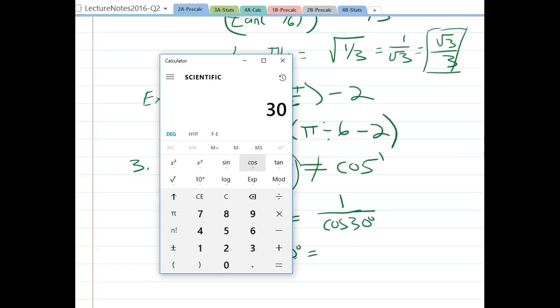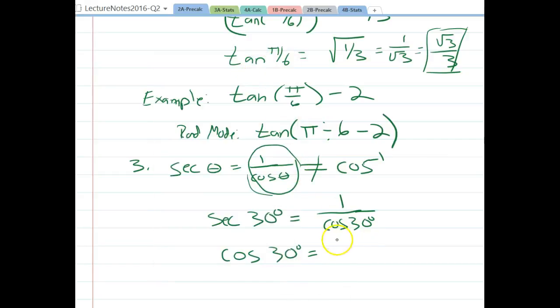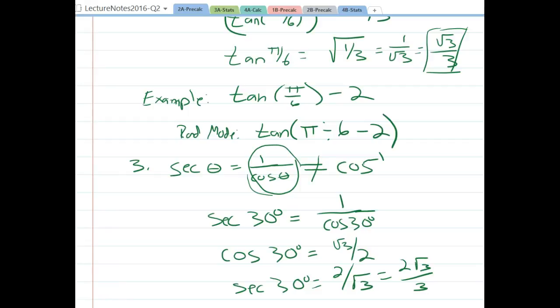So 30 cosine is 0.866. I squared that. It's 3/4. And the square root of that is radical 3 over 2. So what does that mean? That means if cosine 30 is that, then secant 30 is that inverted, which would be 2 root 3 over 3. And we'll get more practice with that as we go along.